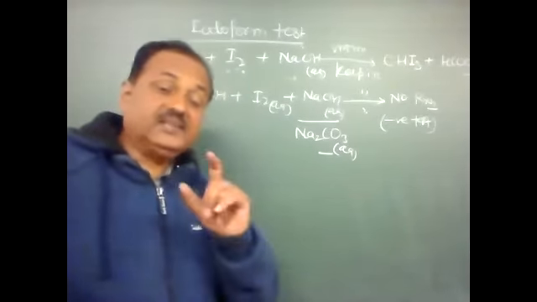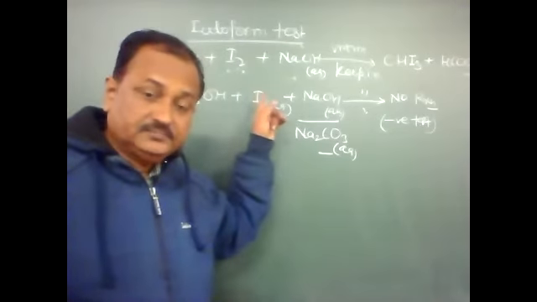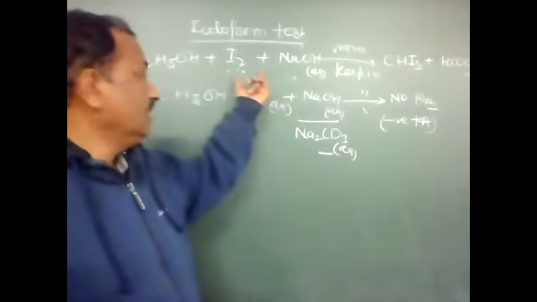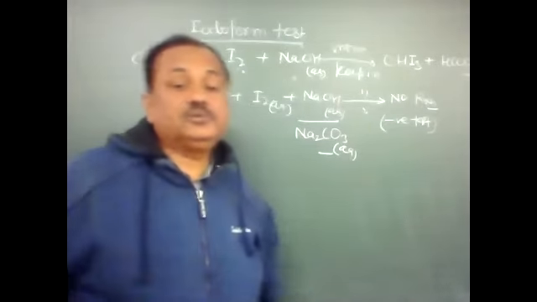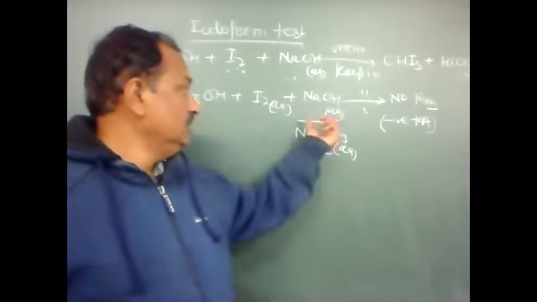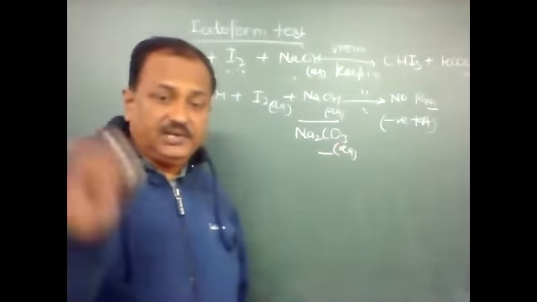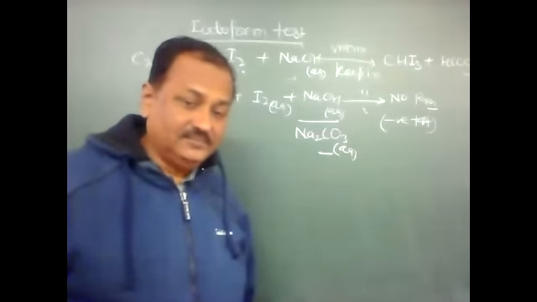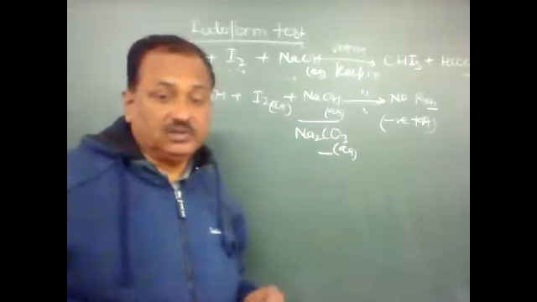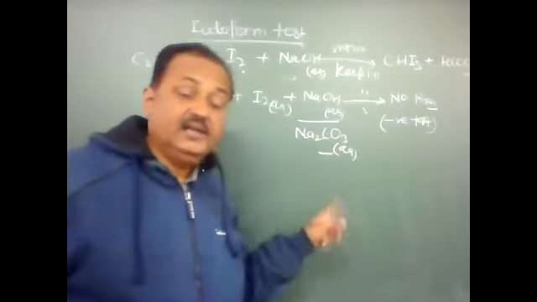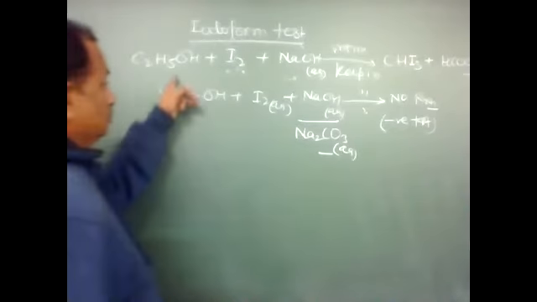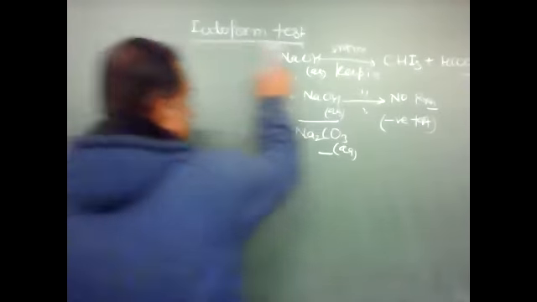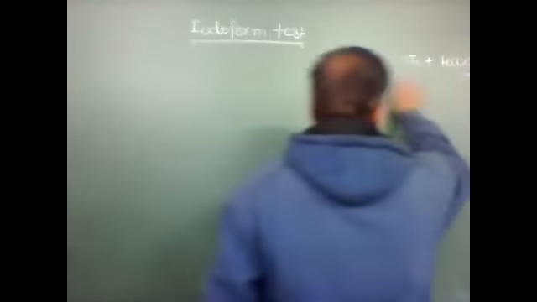For this, we take the ethanol, add a few drops of iodine solution, then just a few drops of NaOH or a very dilute solution of sodium bicarbonate, shake slightly, then keep in a water bath. This is in practical as well as in theory. This is very important, and this is used to distinguish between ethanol and methanol. Methanol will not be able to do this.